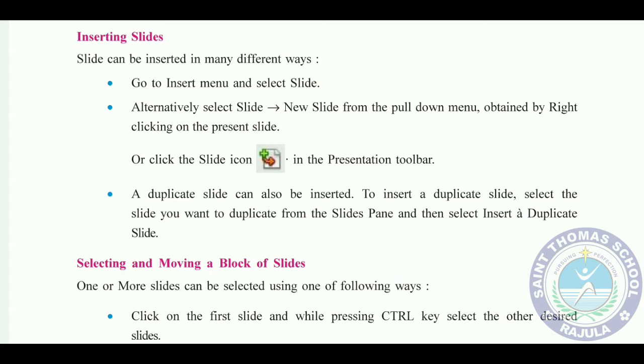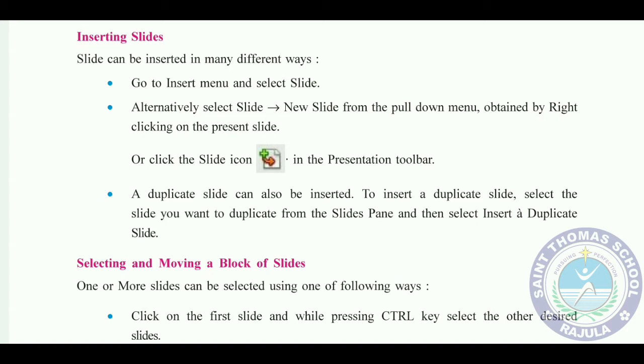For that you select Insert a Duplicate Slide. First you have to select your base slide, meaning the slide whose formatting you want to copy. Select that slide and then select the Insert a Duplicate Slide option from the pop-up menu. So like this you can insert slides in your presentation.